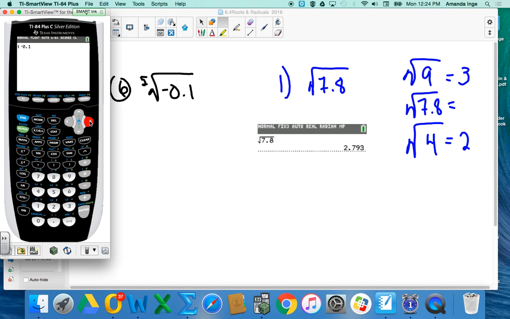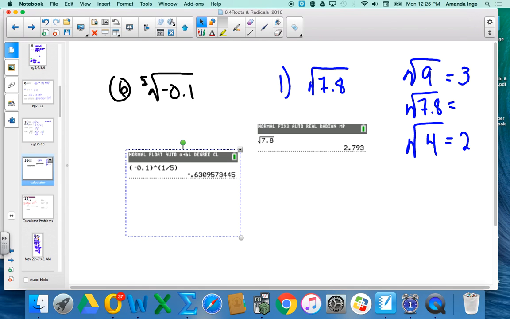Alright, close the parentheses, and caret top, parentheses. You gotta have the parentheses, 1 divided by 5. Okay? And you get your answer at negative decimal 6309, whatever. Okay, everybody okay with that?